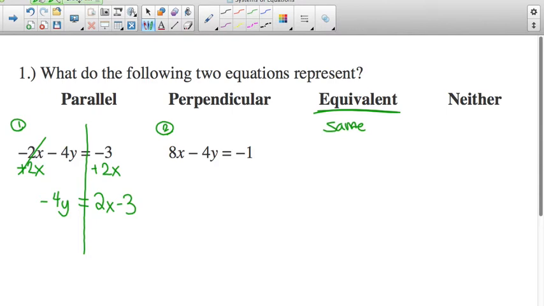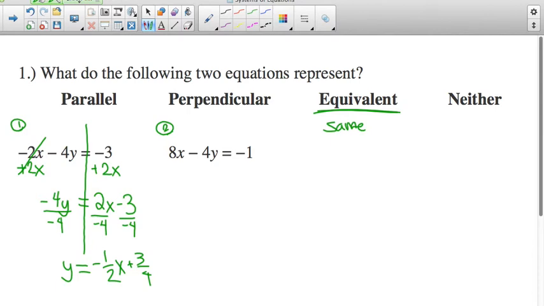And the last step would be to divide everything by negative 4. So we're left with y equals 2/4, which reduces as a fraction to 1/2, and the negative sign stays. x, and then I can't divide 3 and 4, I'm just going to write that as 3/4, and a negative divided by a negative is a positive.